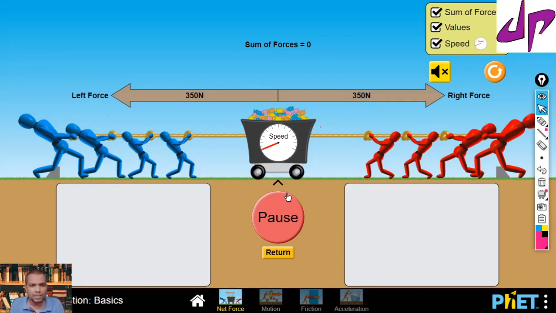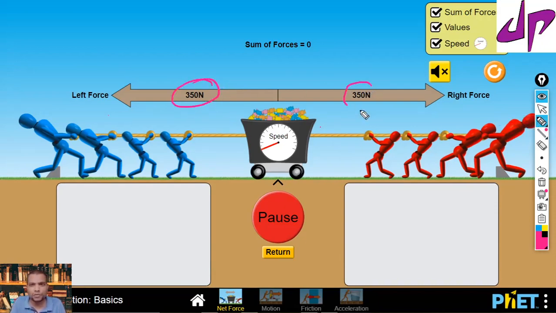They are applying equal force on both sides. You can see it is 350 Newton and 350 Newton. Now in this case, is the cart in motion or at rest? It is already at rest, and it will remain at rest.